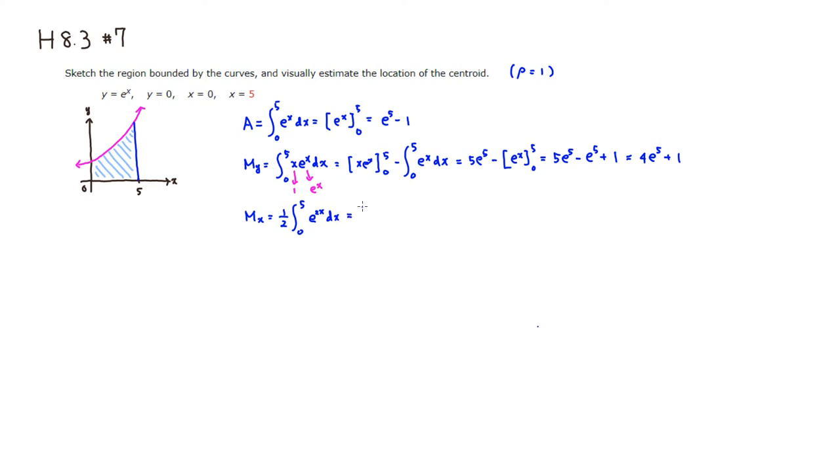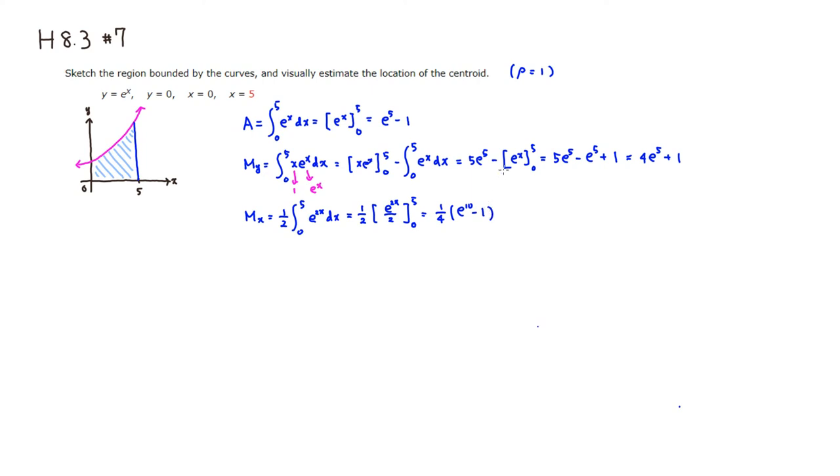So this is going to be 1/2, and the antiderivative of e to the 2x is e to the 2x divided by 2, from 0 to 5. So it's going to be 1/4, combining those two together, e to the 10 minus, plug in 0, e to the 0 is 1. So we have that.